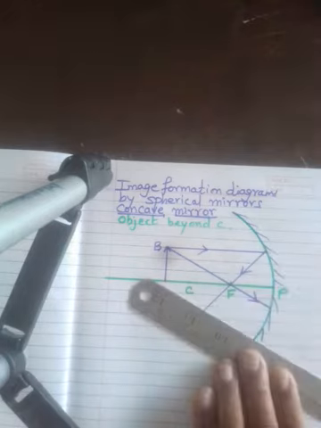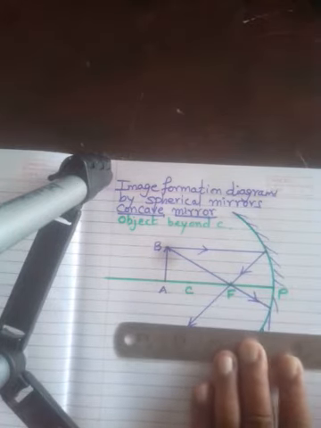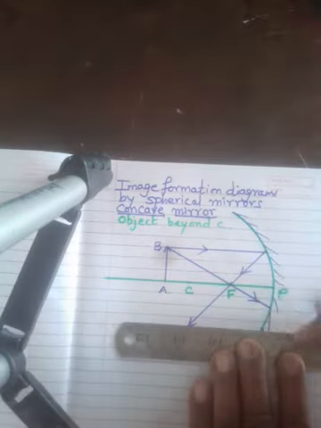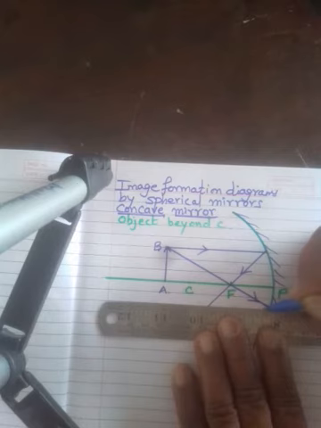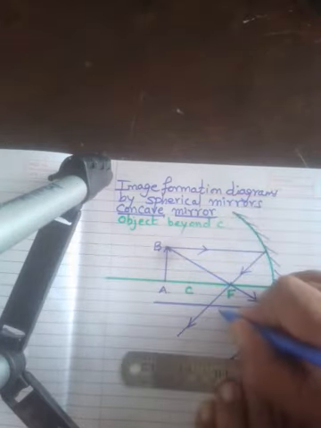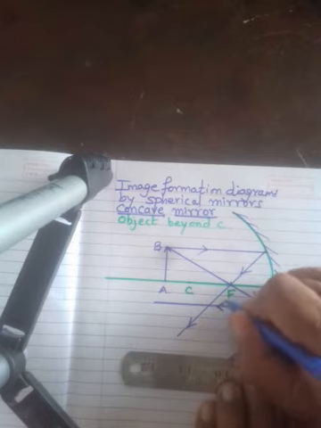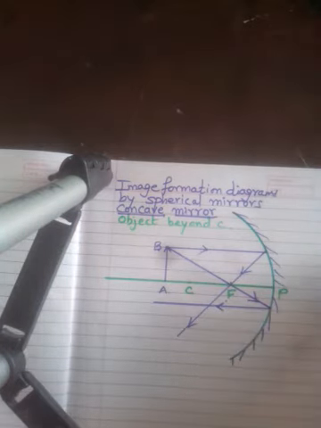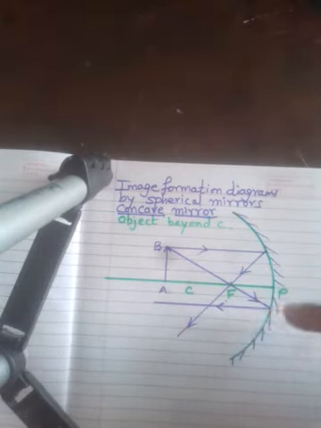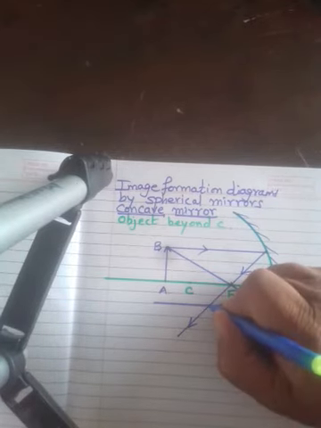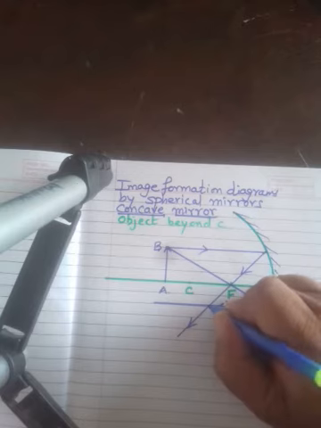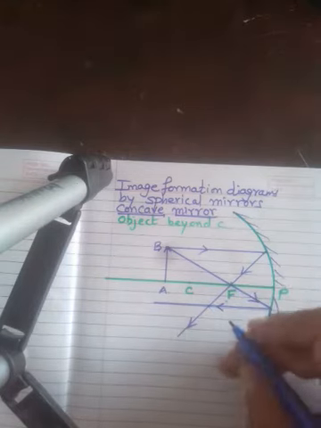And those rays of light which pass through the focus will get reflected parallel to the principal axis. Now you can see both the reflected rays have intersected here. So here the image will be formed.